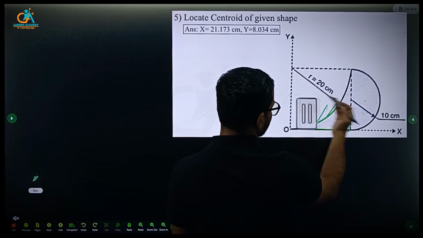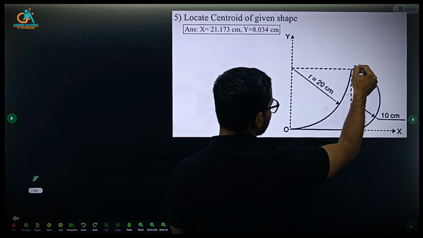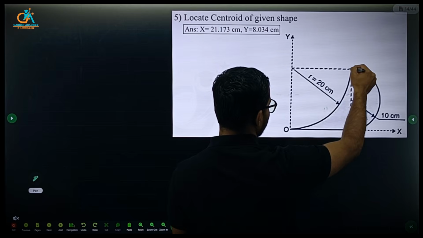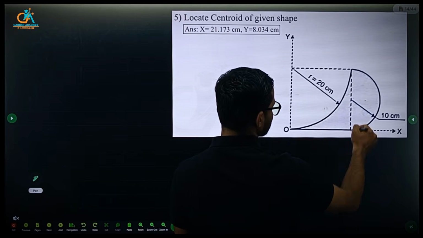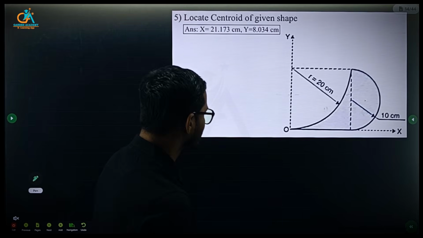So the given figure is the combination of this rectangle. Then you can subtract this quarter circle in order to get this shape, and you can just add the semicircle, right?